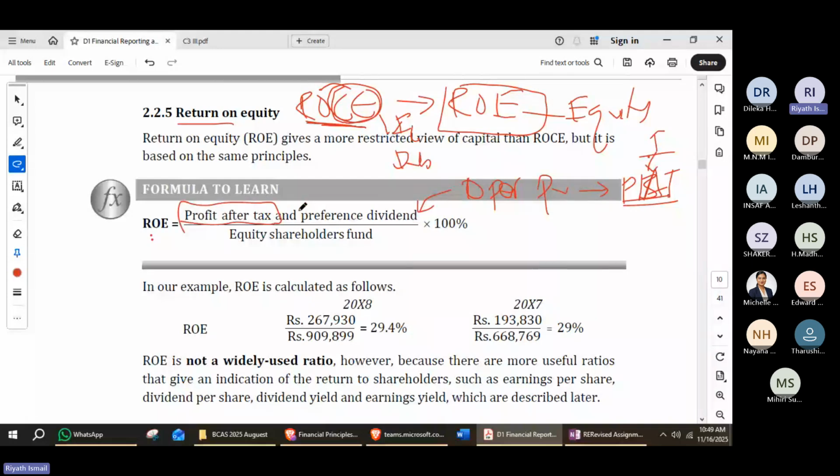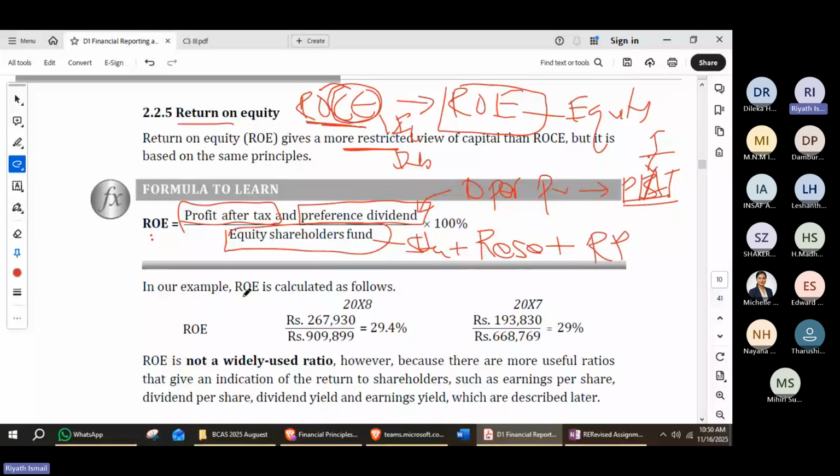And if there are any preference shares, all that also has to be excluded. Profit after tax divided by equity shareholders' fund. Equity shareholders' fund includes equity stated capital plus any other reserves and any retained profit. So this is a very restrictive formula.